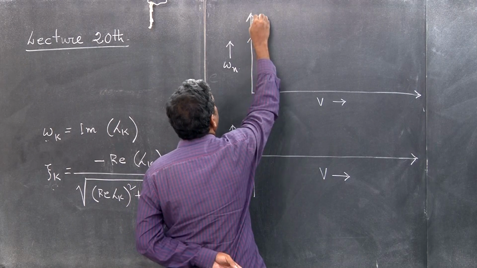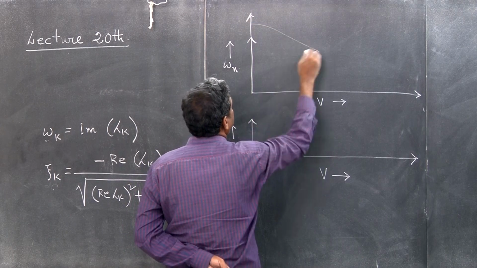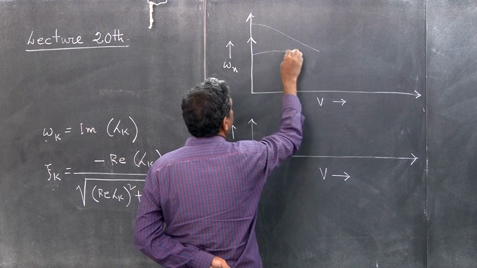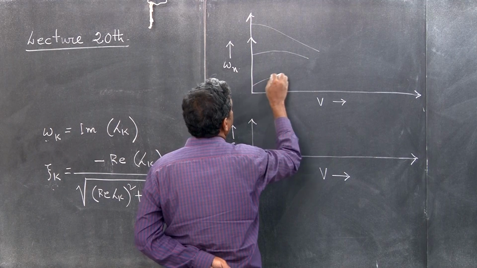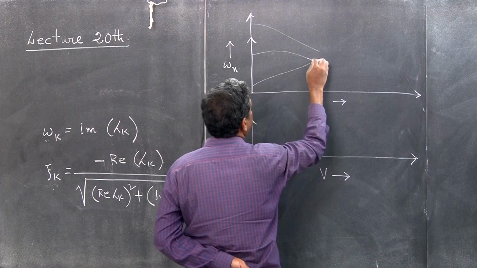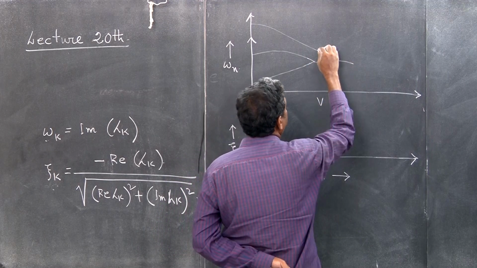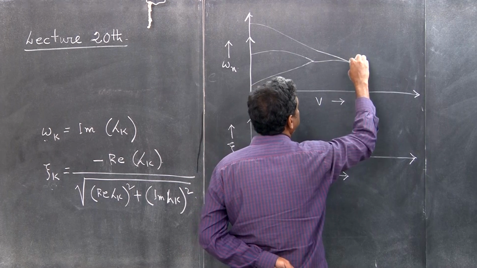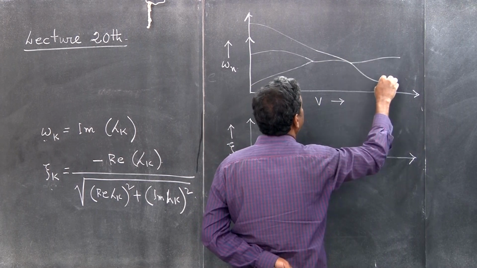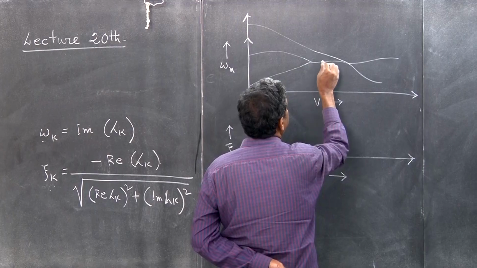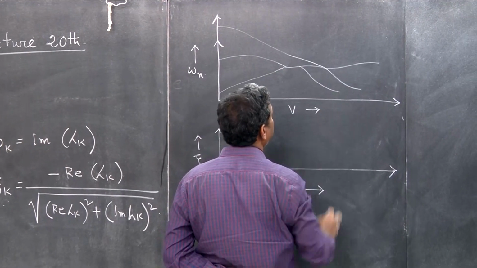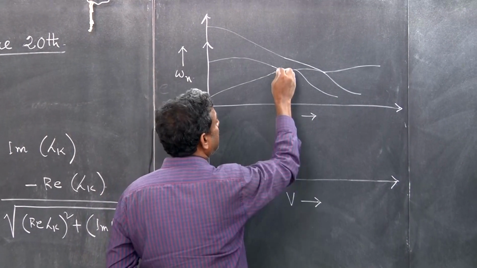One frequency starts from here, one frequency starts from here, one from here, and maybe these two frequencies coalesce, and then it goes. Then maybe after that these frequencies come and this coalesces, after that this goes and this will go once again. Okay, after coalescence of these things they will come there. Okay, you see how it is happening.